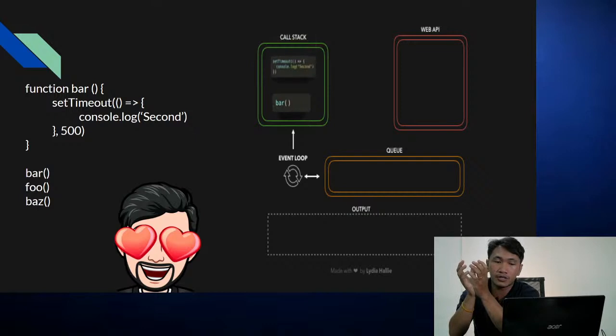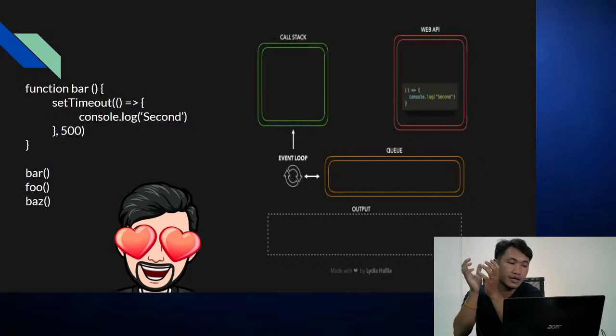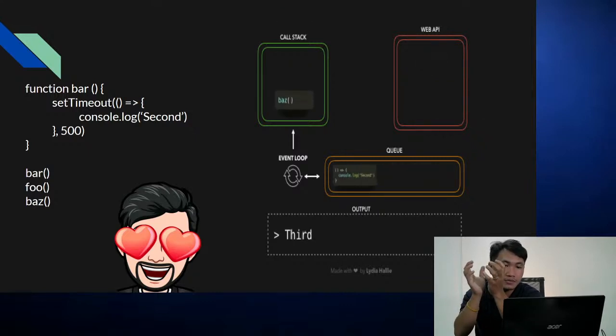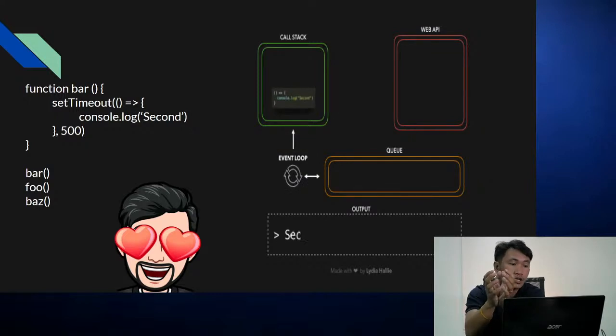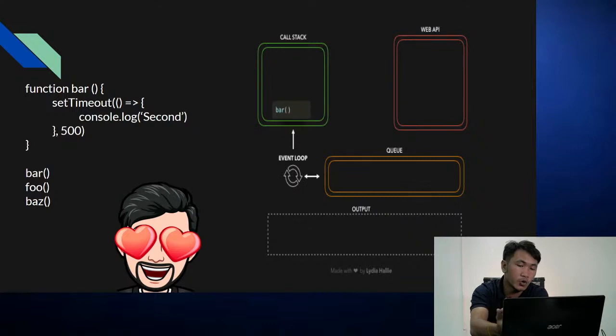It executes that timer in the web API, and once the timer runs out after 500 milliseconds, it lets go of the console log that we have. It does not execute the console log yet. It goes to the queue.